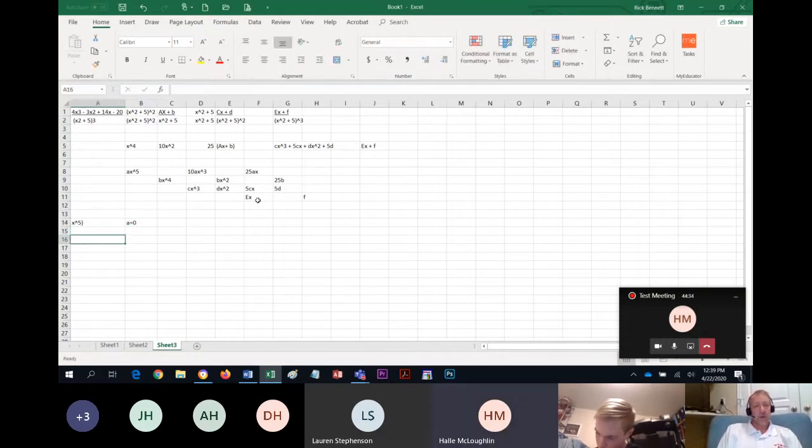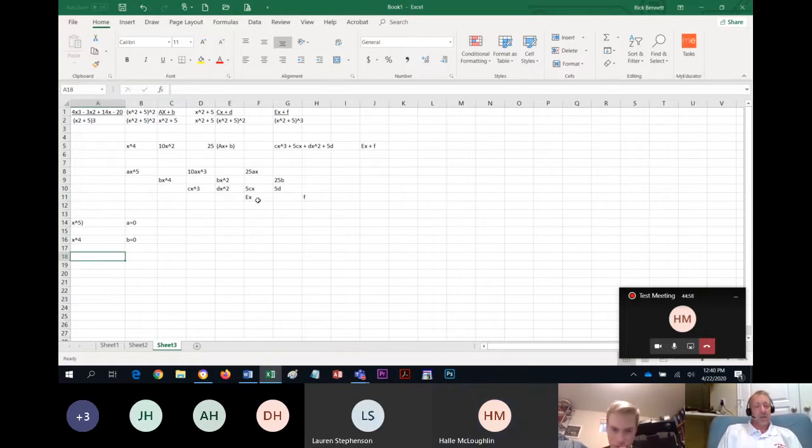Now I need to come up with an x to the 4th equation. In this case, x to the 4th is going to be b. B is also going to equal 0. So a equals 0, b equals 0. So essentially, this first fraction is going to drop right out. It doesn't really exist.